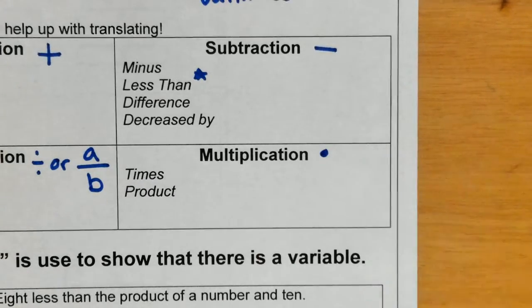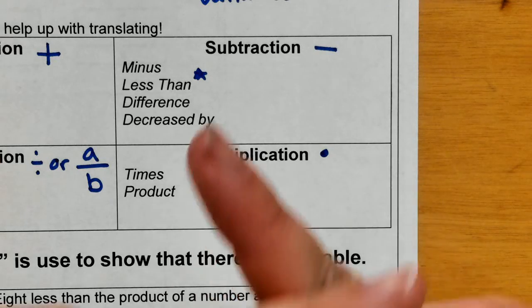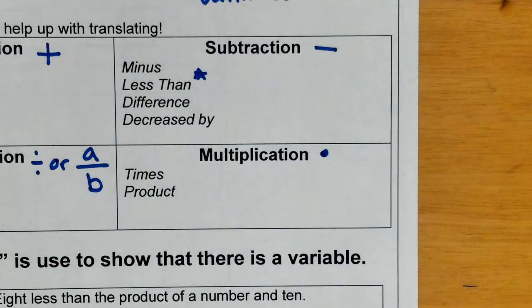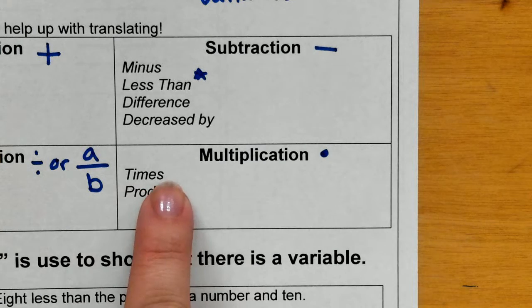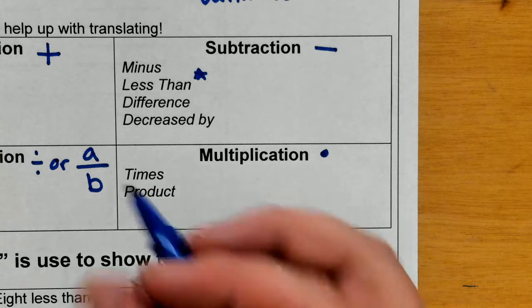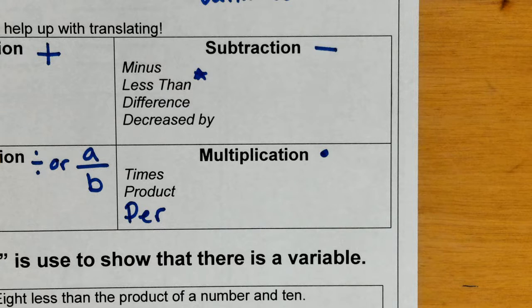We're going to be using a little dot for multiplication. We're not going to use this guy for multiplication anymore, since that also is a letter. Words for multiplication could be times or product. You might also see the word per. If someone makes $10 per hour, you would multiply 10 times the number of hours they worked.